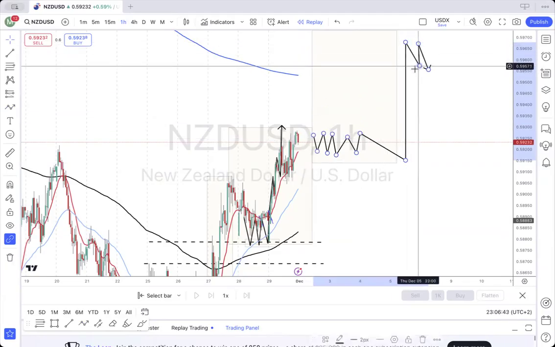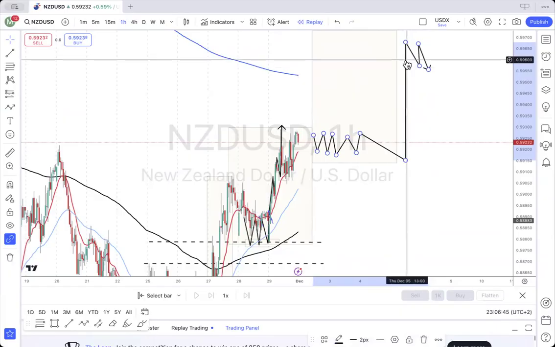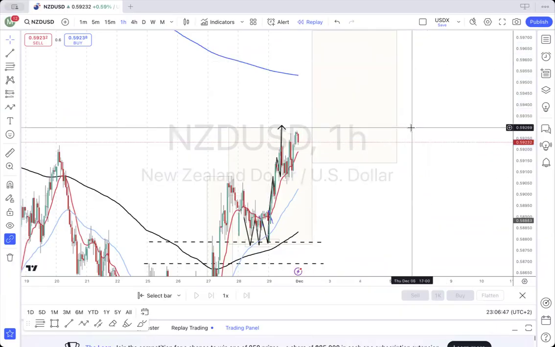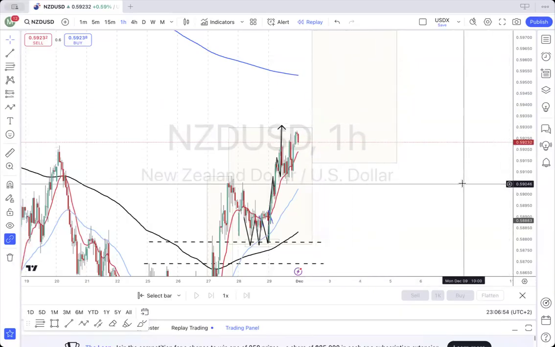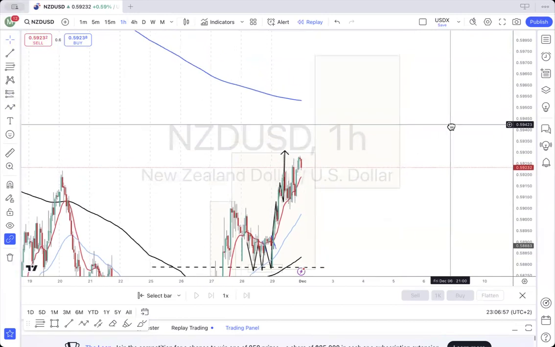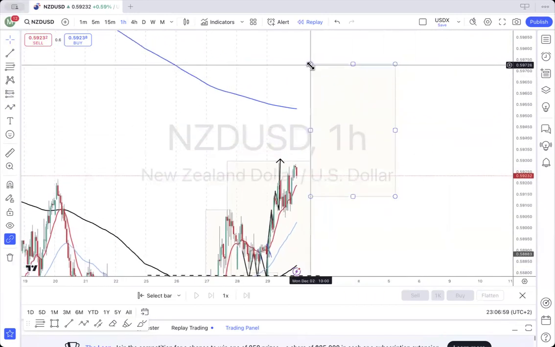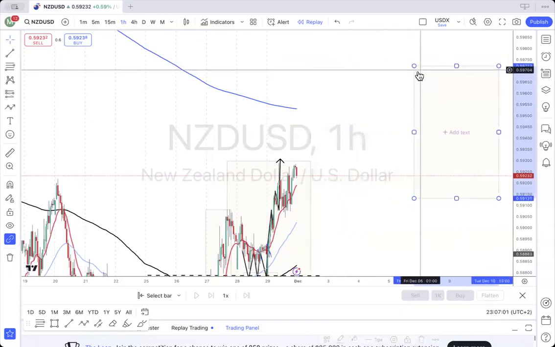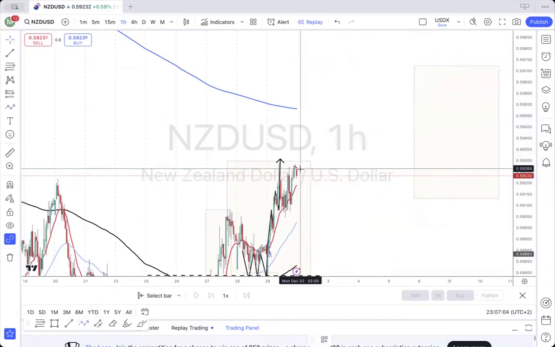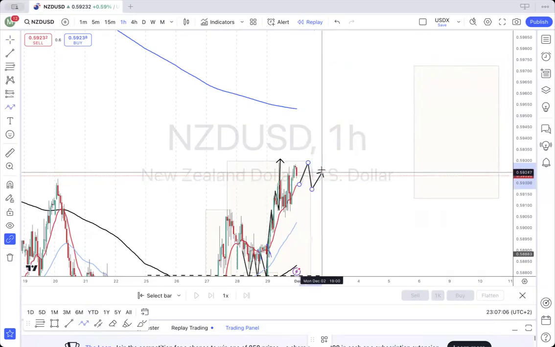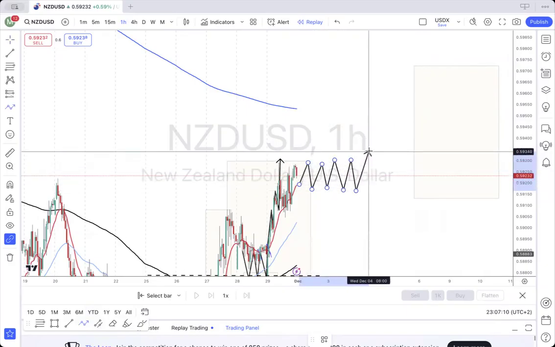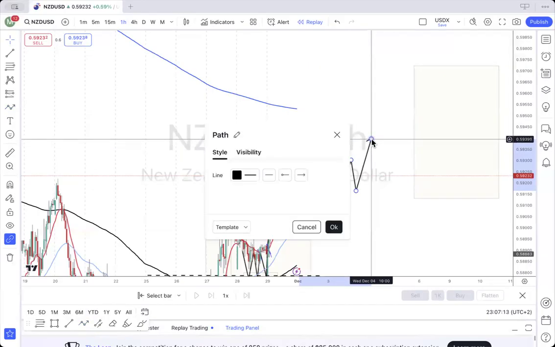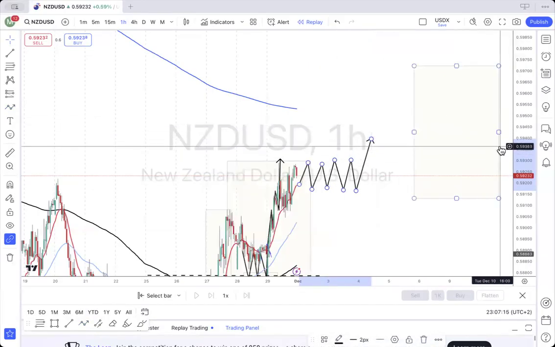All right. Let me try and show you how this might unfold, because this happens sometimes, okay? So on Monday, you might have the market consolidating like this until it ends the day, right?